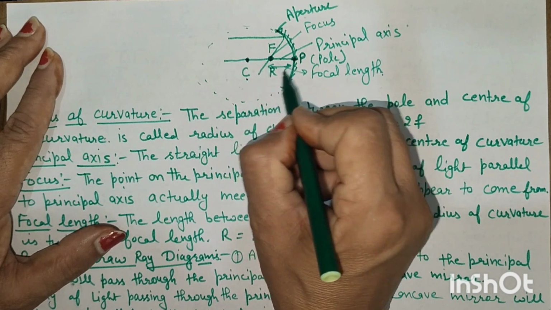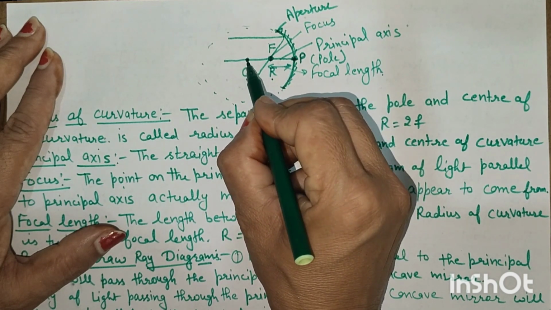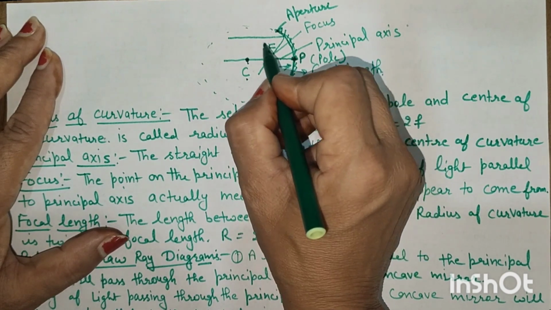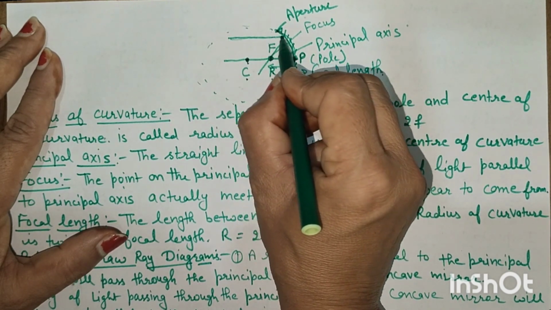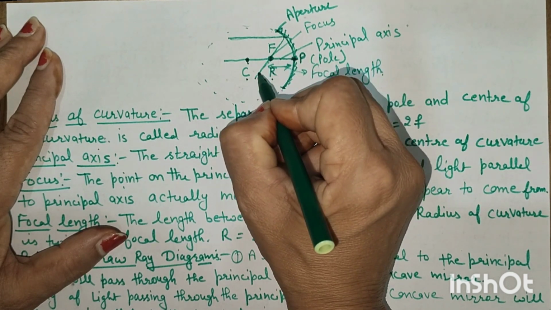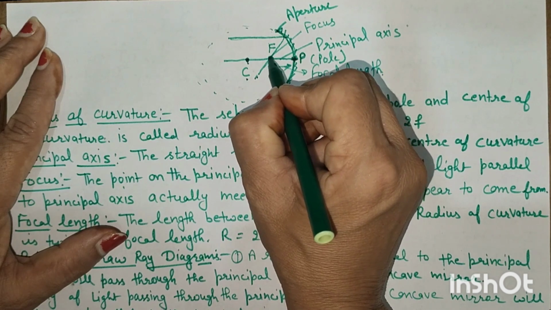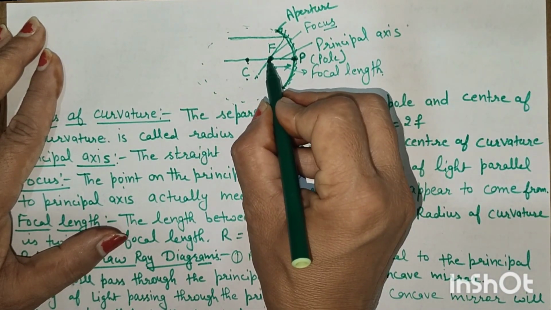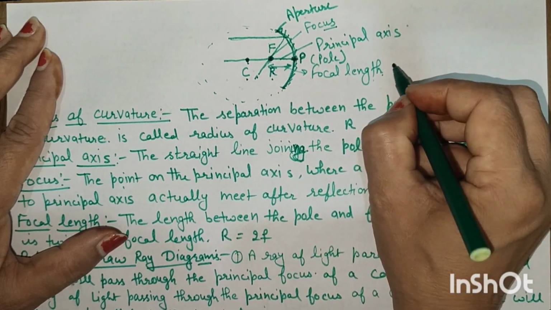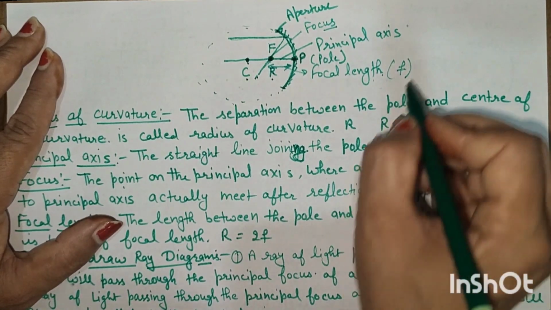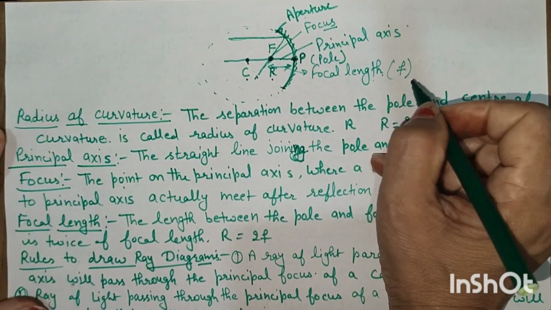The radius of curvature lies between the center of curvature and the pole. Now the focus. When the rays after reflection converge or diverge from a point, that point is called focus. The length between the pole and focus is called focal length, and it is denoted by small f.